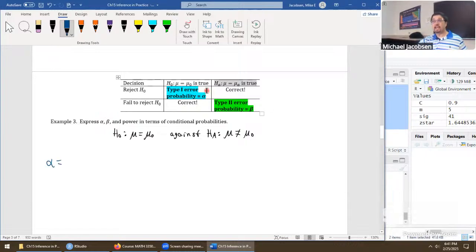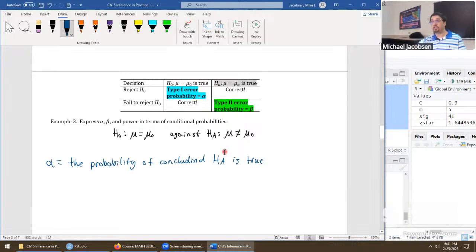Looking into the table, we can say alpha is the probability of concluding HA is true. And notice the wording I put in here. If we're going to write this out again in context, there's only two conclusions to a hypothesis test.